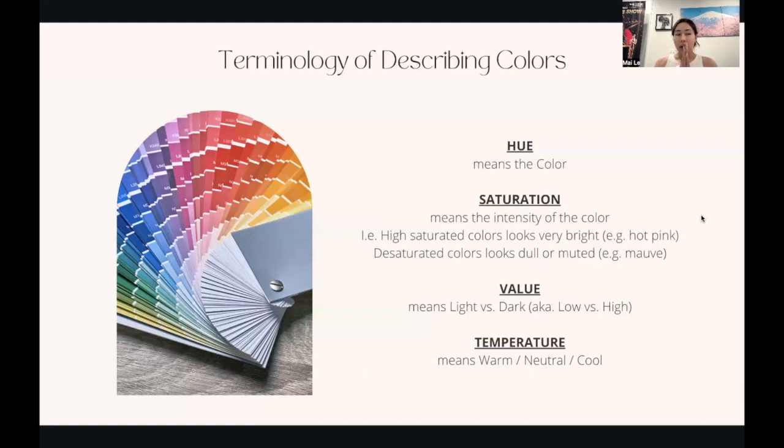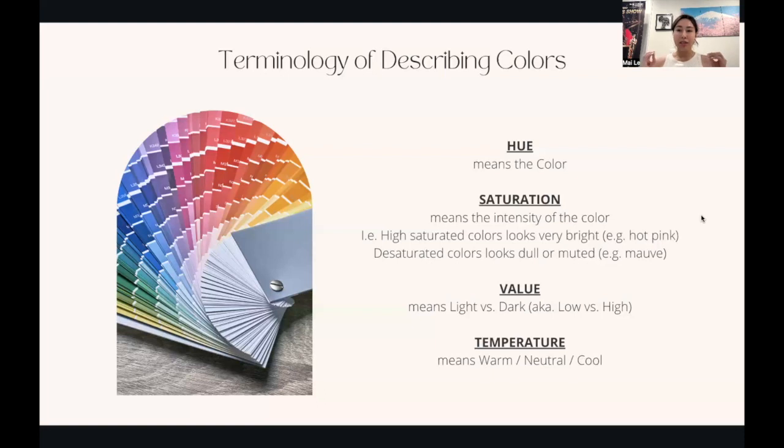Honestly, when I talk to my client during consultation, I just say colors. I use normal terms that clients can understand. I'll ask, do you want a pink that is more muted or brighter? I never say, what's the hue that you want? They'd say, what do you mean?